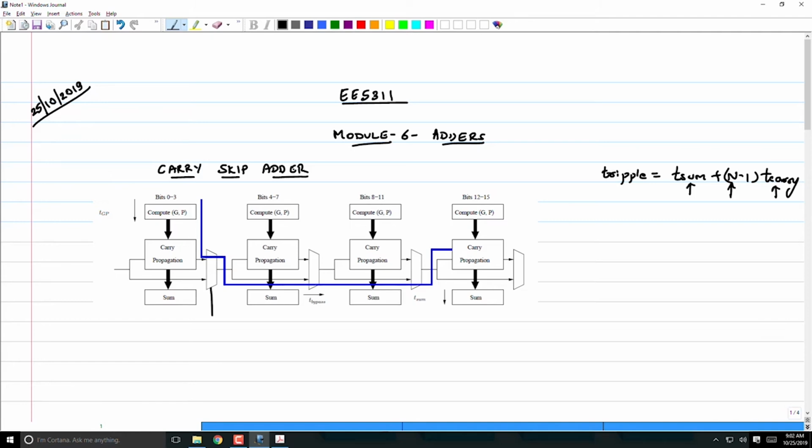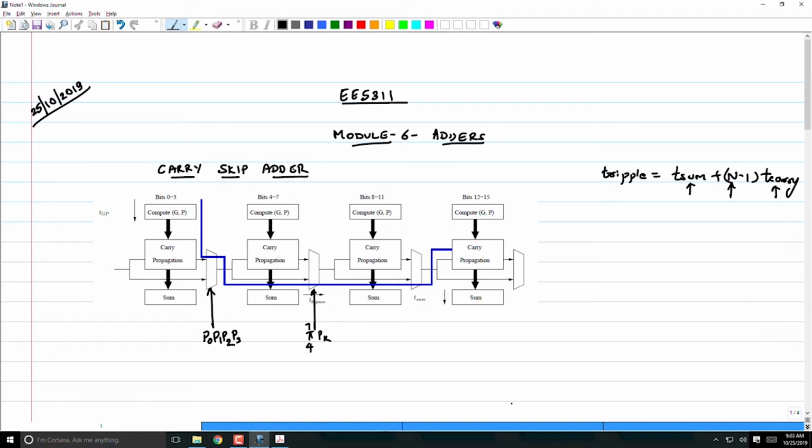So we basically said that we'll put a select line here called P0, P1, P2, P3. This select line is basically the product of P0 to P3. Like that, you just put a multiplexer, and the worst case delay, which is the case when all the adders are in propagate mode, you bypass through the multiplexer.